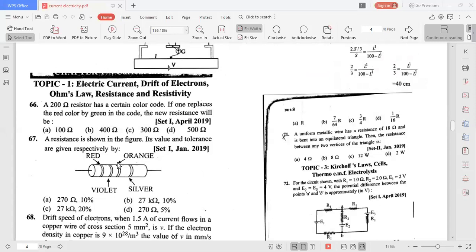Problem number 66, all of you see. Right. Problem number 66.